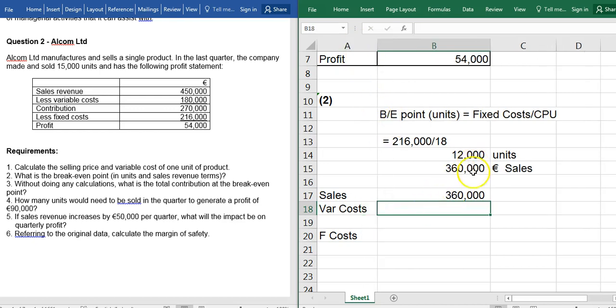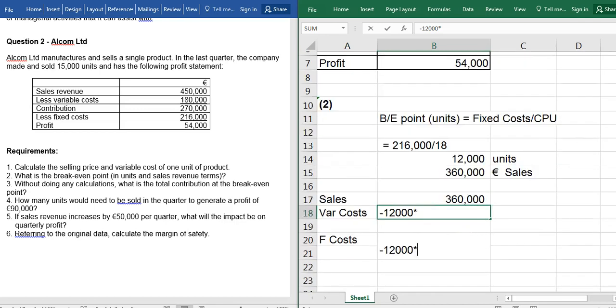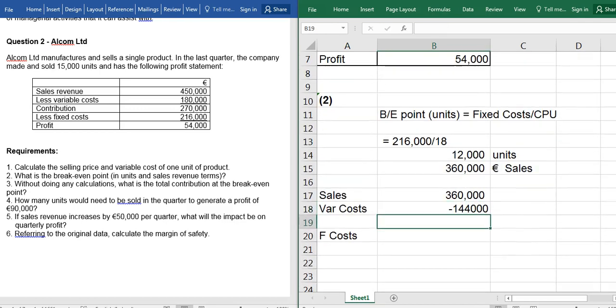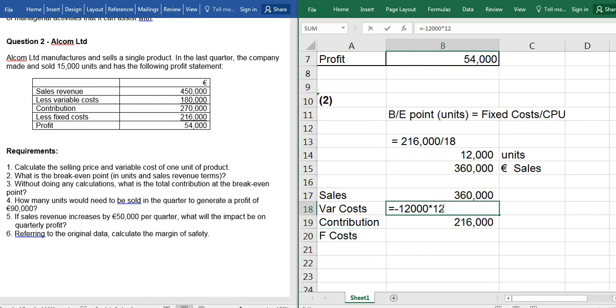If we sell 12,000 units, you're going to have variable costs of 12,000 times 12, which is 144,000. That's a minus figure, so your contribution is 216. Your contribution is 216, which is 360 minus 144.